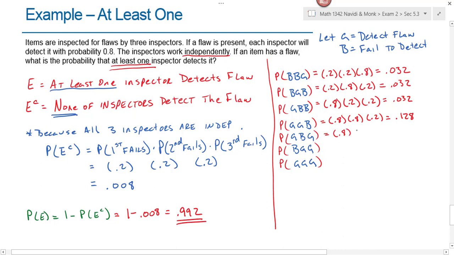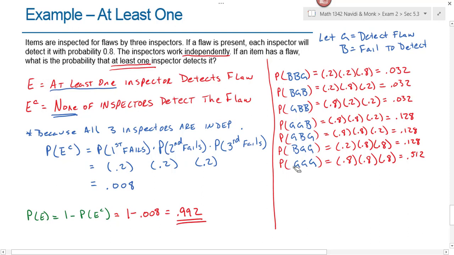It's the third one, the last one that I'm going to need the calculator on. And this one's 0.2 times 0.8 times 0.8. And that's 0.128. 8 cubed, I'm not real sure of though. This is 0.8 times 0.8 times 0.8. And what do we get for this one?